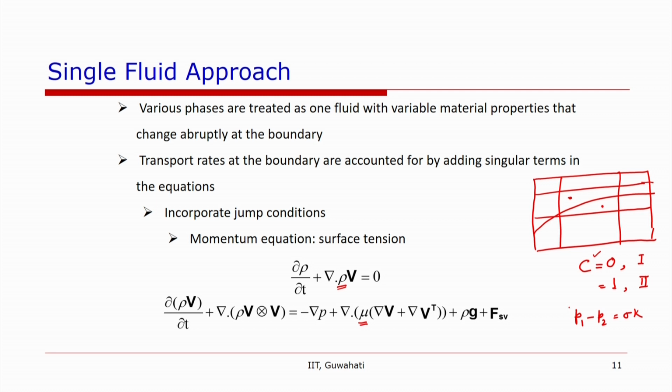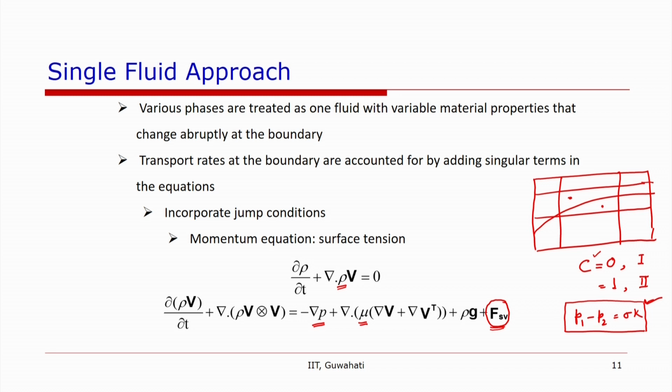That will also take into account that the surface tension in the two fluids is different. So, we have to have a term which can take into account this jump in the normal stress or pressure at the interface. To take that into account, a new term has been added, which we call FSV, and we will discuss this in later slides.